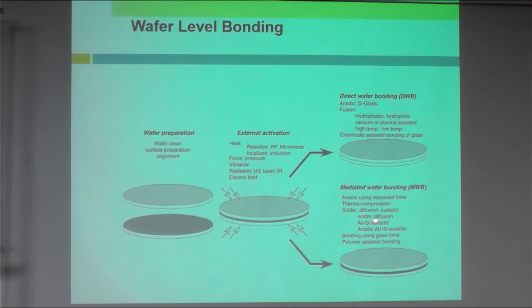For example, you deposit metal or any thin film in order to act as an adhesive to bond these two wafers. It can be solder, and you can choose what type of solder to use, and also gold silicon eutectic, and bonding using glass film or polymer assisted bonding. So that is some of the methods to bond wafers.